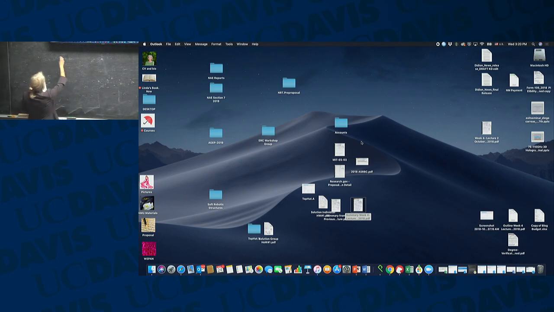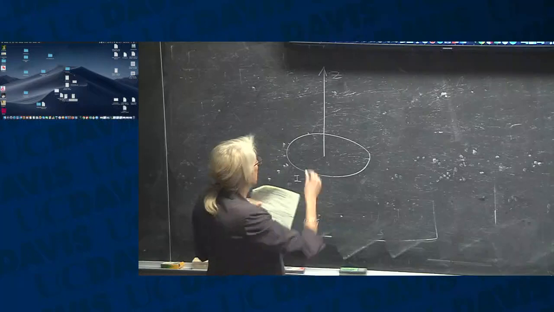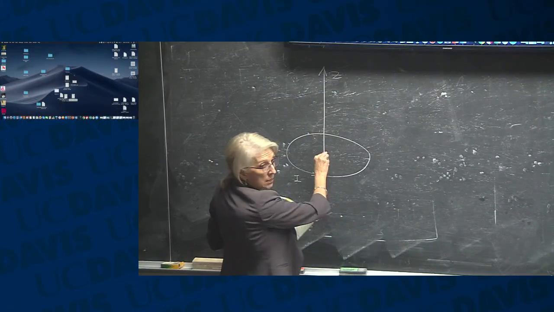Okay, let's assume that this is a cylindrical coordinate system. This is Z. And we have the current I that flows around this circle. And now we want to find B. And we want to find B, just to simplify things, along this axis.